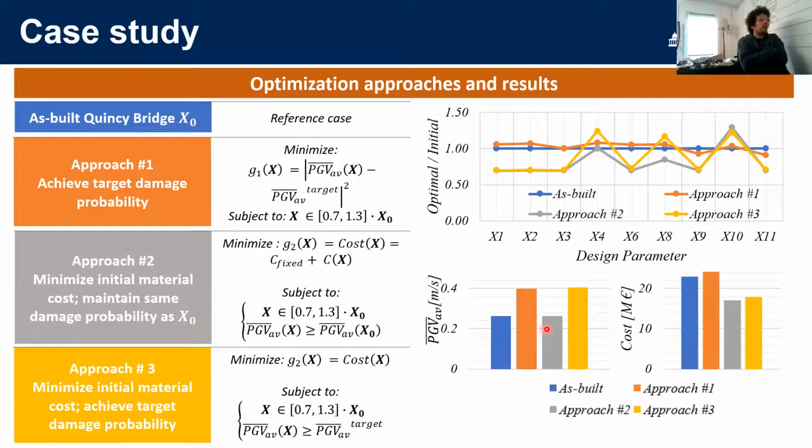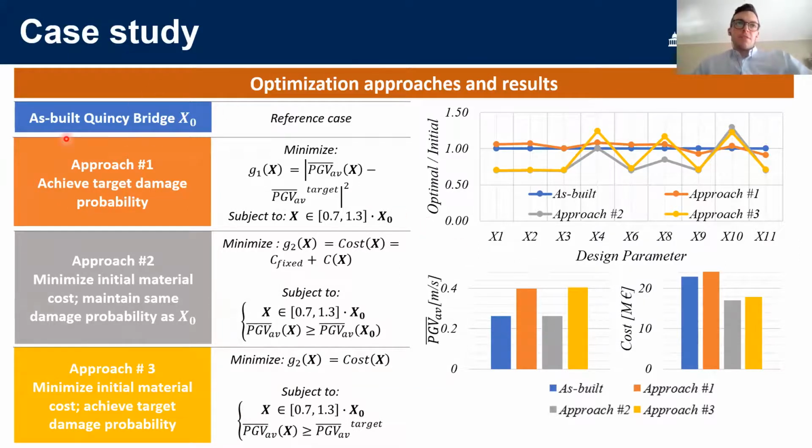Yeah, but what I'm saying is I appreciate that, but why does approach 1 give that particular solution when there are multiple possible solutions to achieve target damage? Is it that you've got the bridge already built and you're modifying a constructed bridge? Yeah, exactly.